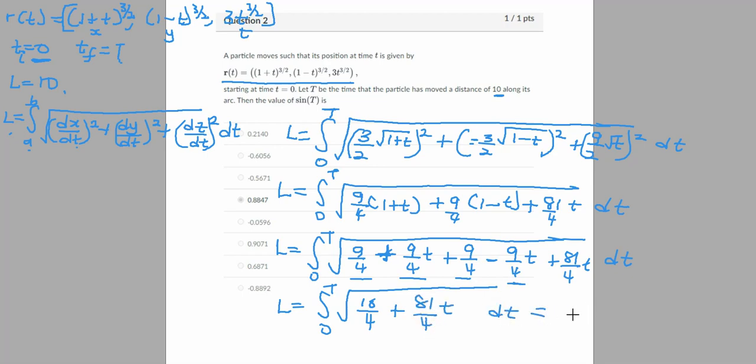So if you arrange this, that will be the integral from 0 to t of the square root of (18 plus 81 t) over 4, dt. So this is our L after rearranging. This is what we got for our L. This is what we need to integrate. So to do that, let me take away all of this and write our L.